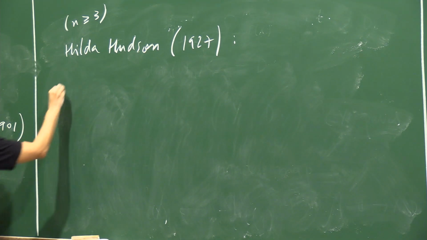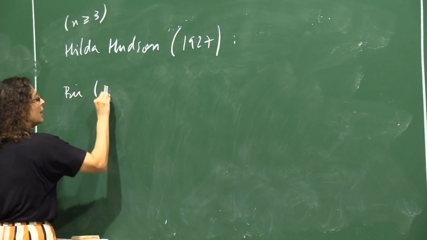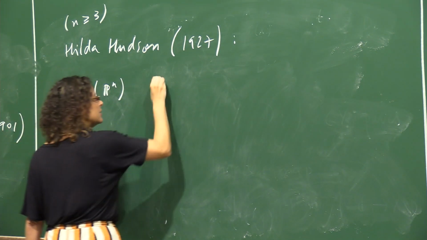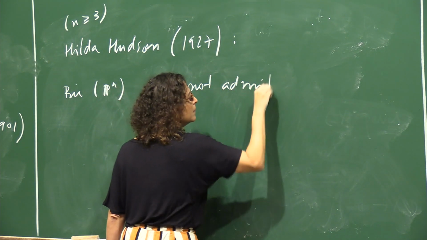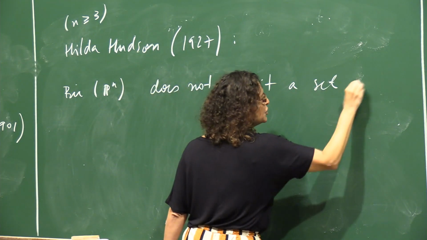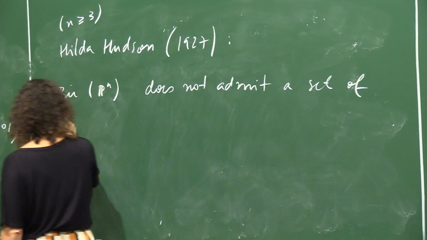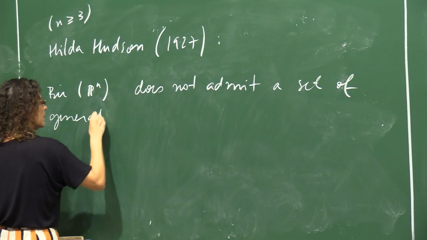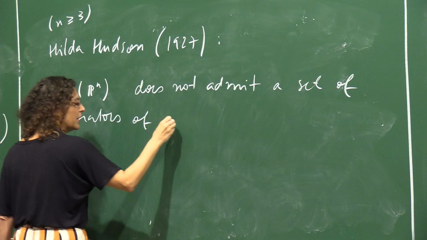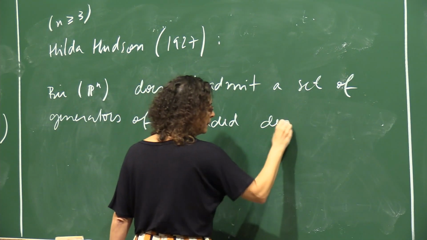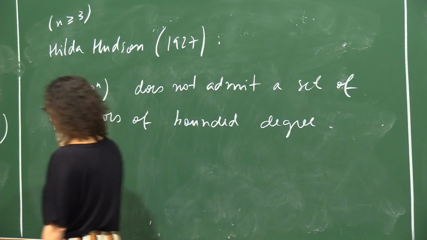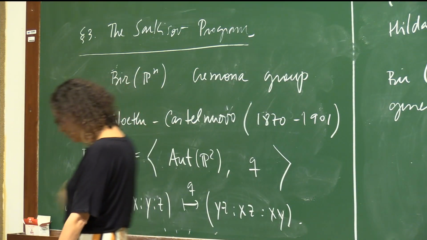So this group does not admit a set of generators of bounded degree. So this is very different from the two-dimensional case.